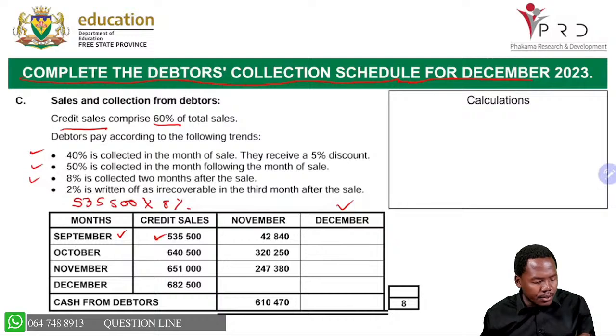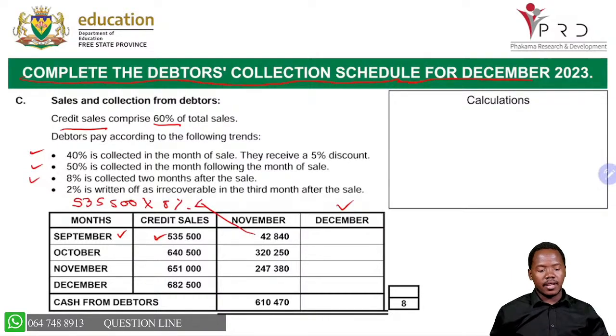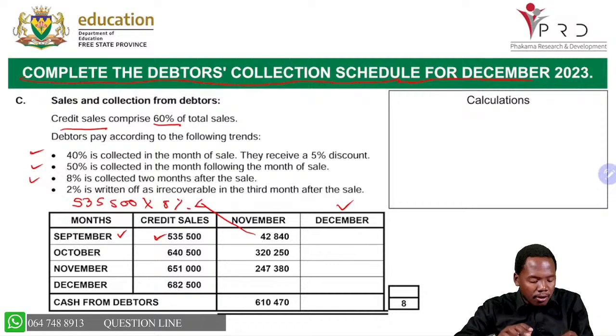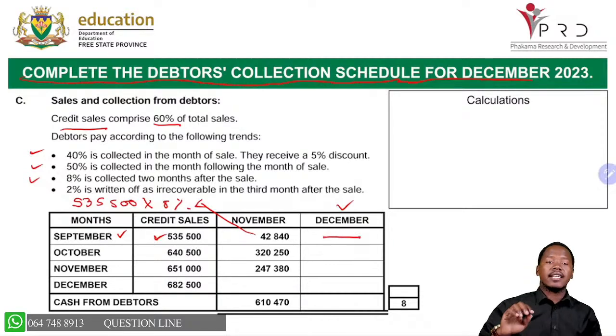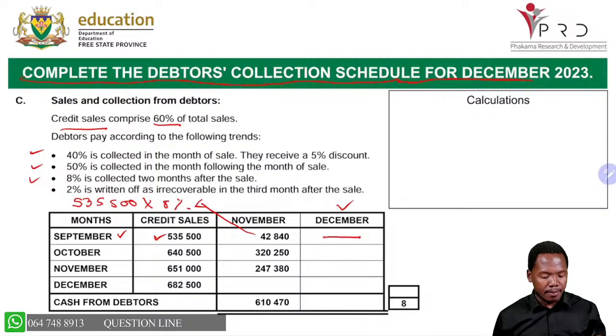Then we get 42,840. Then from there, it will be the 2% that must be written off. So if the question can say how much bad debt must be written off, we would say 535,500 multiplied by 2%. So meaning there is nothing collected in December coming from the credit sales of September.